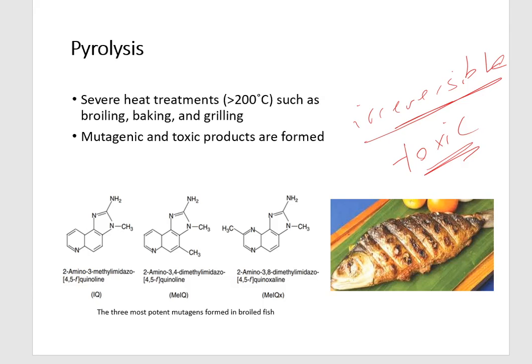These pyrolysis products, especially identified from broiled and grilled meat, are highly mutagenic. Mutagenic, also we can say carcinogenic. They are carcinogenic compounds.